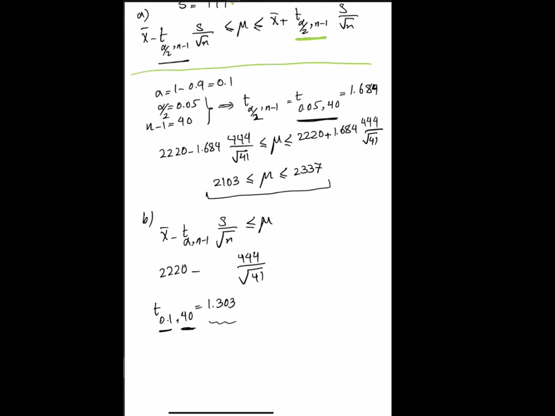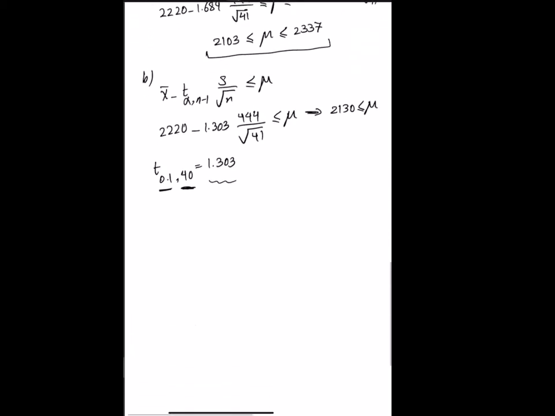If we do that, it's going to be 2113 is less than or equal to mu. If you want to calculate an upper bound for the confidence interval, it's the same, it's just the formula. Sorry.